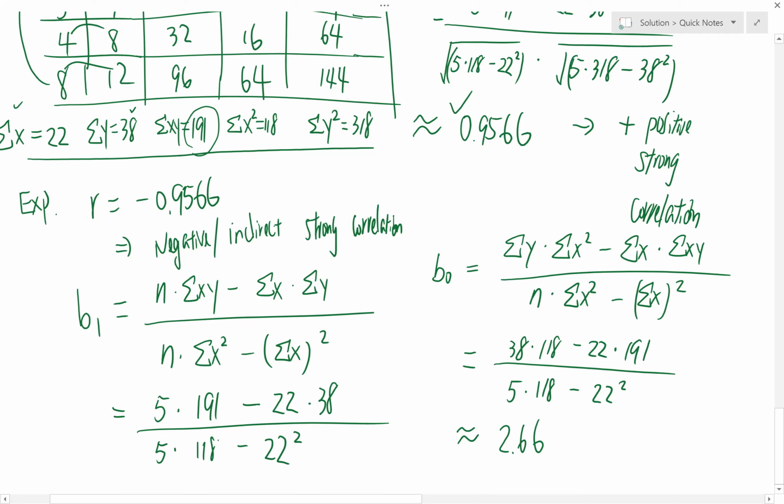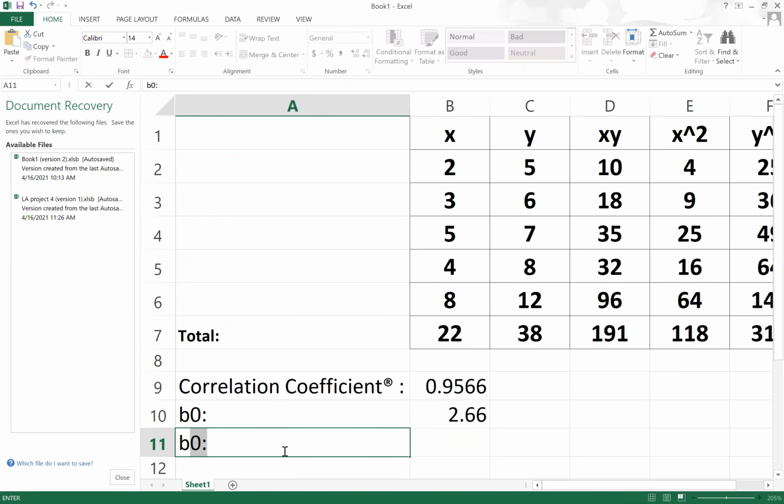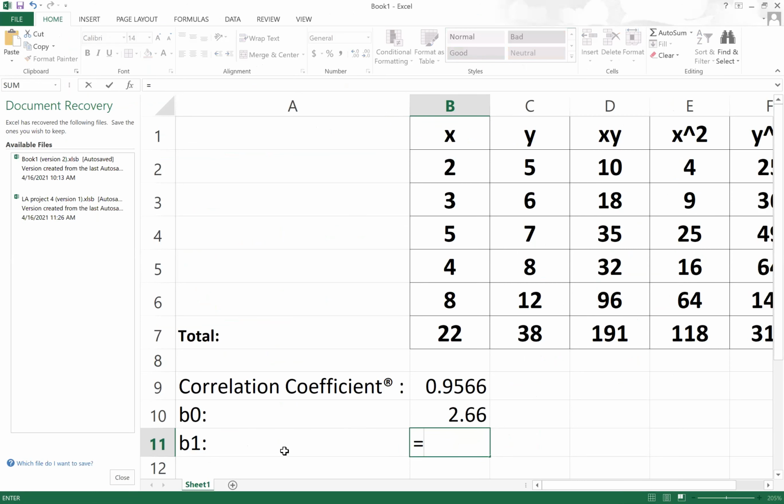Now again, you can put it into the calculator or Excel to get a result. Since we're using Excel, let's stick with Excel here. So B1: 5 times total of xy, 191, minus total of x times total of y, 22 times 38. That takes care of the numerator.